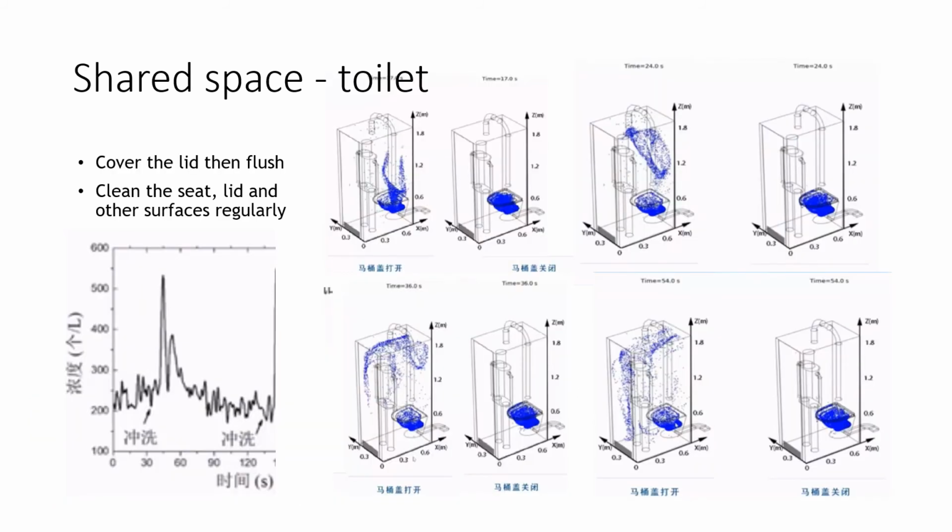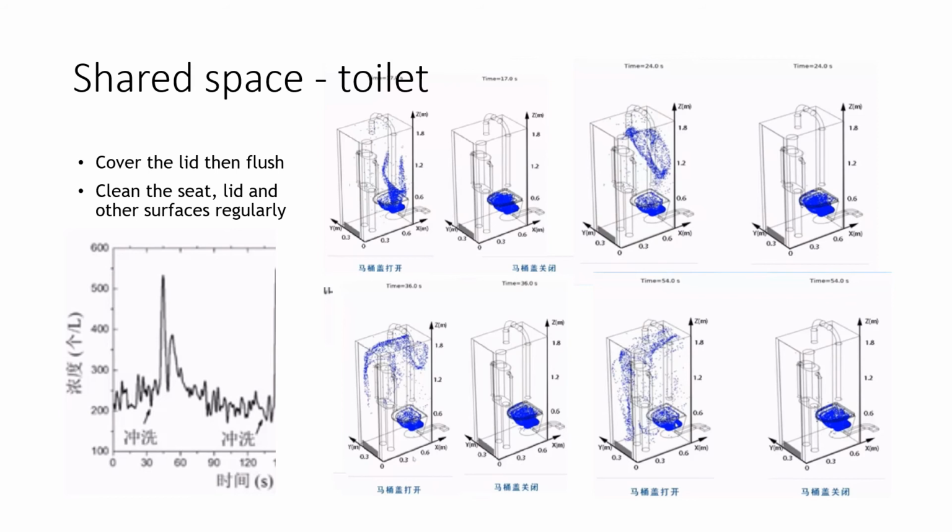Now let's see what you must do in a shared toilet or in a public toilet. As I mentioned earlier, virus is carried not only by the particles and aerosols from your breath, but also by other human secretions, stools, for example.